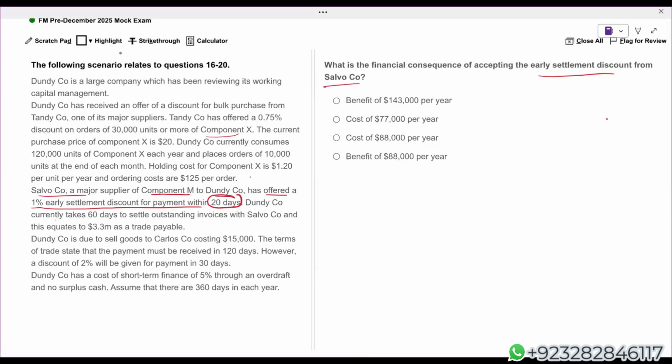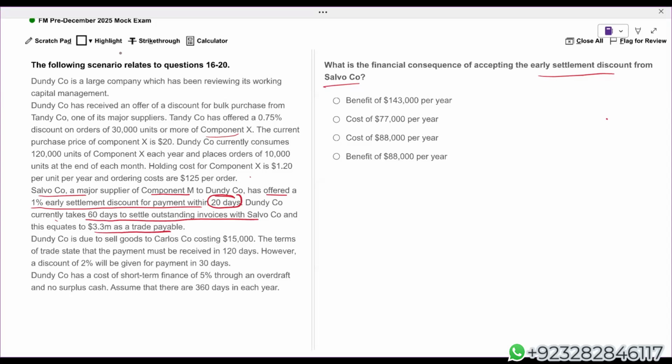D company currently takes 60 days to settle outstanding invoices. So it means logically you will be paying 40 days earlier. And this equates to 3.3 million as trade payable. So when the company makes payment in 60 days, your trade payable is 3.3 million. Obviously, when you will be paying in 20 days, then your trade payable will reduce. Reduction in trade payables will increase your finance cost.